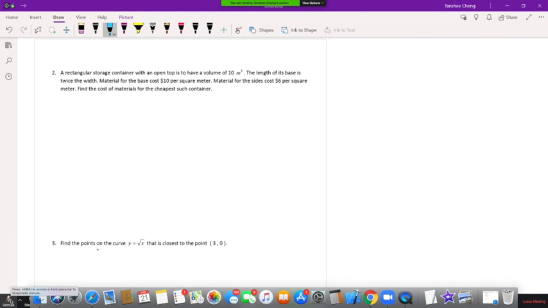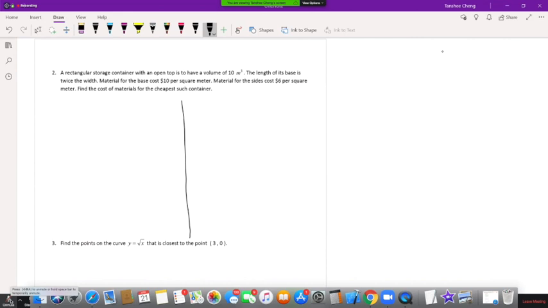Okay with this so far? All right. So it's telling you that there is a rectangular box, open top, with a volume of 10 cubic meters, and the length of its base is twice the width.